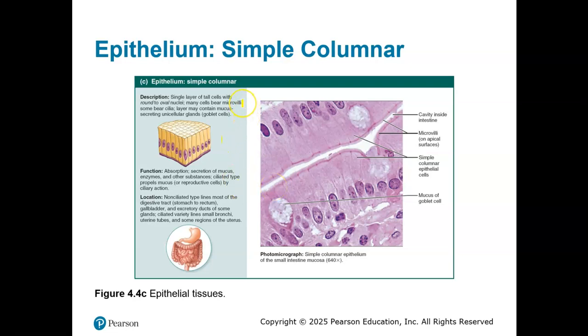So it's a single layer of columnar cells that bear microvilli on their apical surface, and the microvilli increase the surface area for the absorption of nutrients, which is what these cells do, basically, is absorb nutrients. They can absorb more nutrients with microvilli. But you can see they're tall cells, and it's a single layer of tall cells. So simple columnar we find in the intestine, in most of the digestive tract, from the stomach to the rectum.